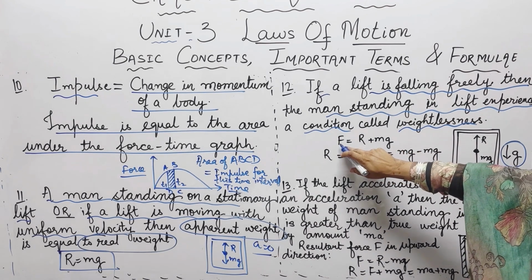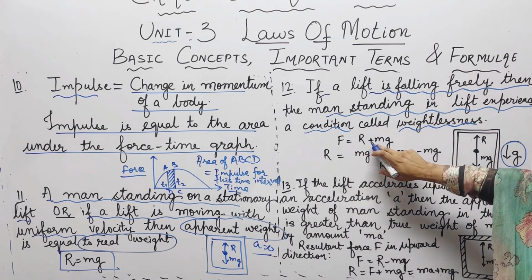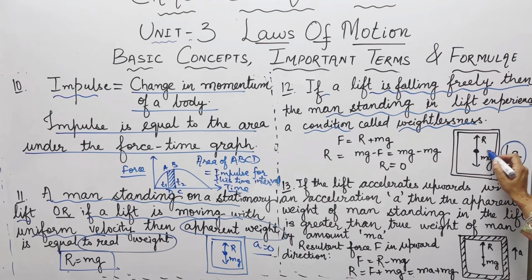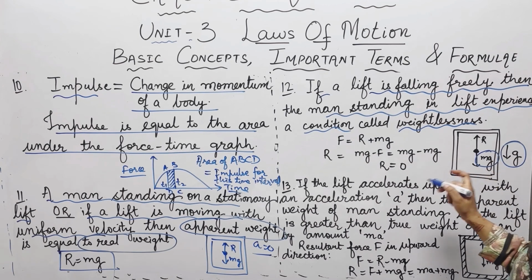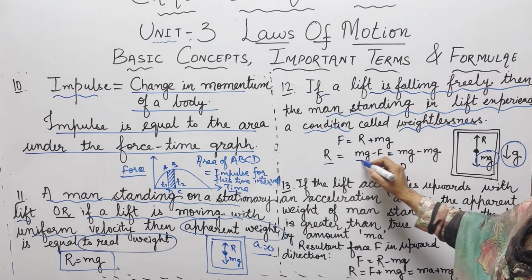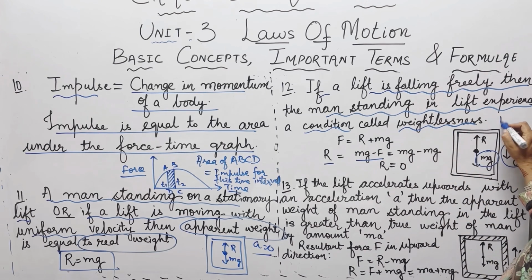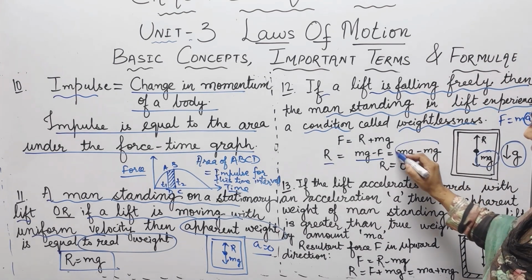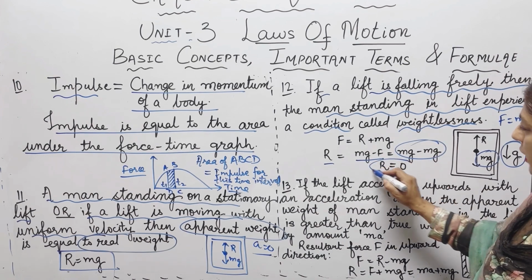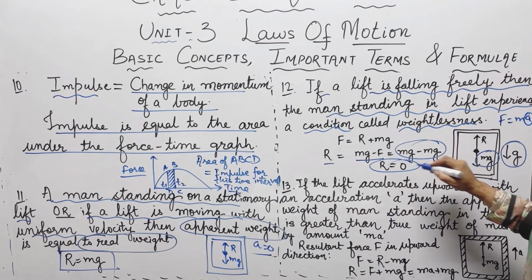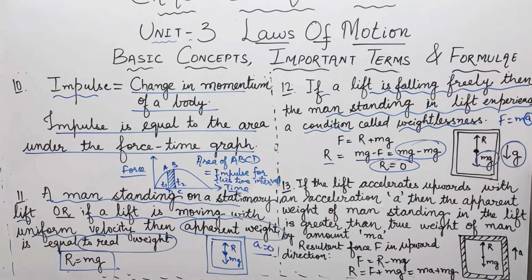So the net force is equal to the weight mg minus the reaction, and in this case the reaction R will be equal to mg minus F. So F is equal to m into a, but a here is the acceleration due to gravity, as the body is falling under the acceleration due to gravity. So this is mg minus mg, and this comes out to be a reaction on the body of 0. It means it is a free fall, and a weightlessness condition is there.